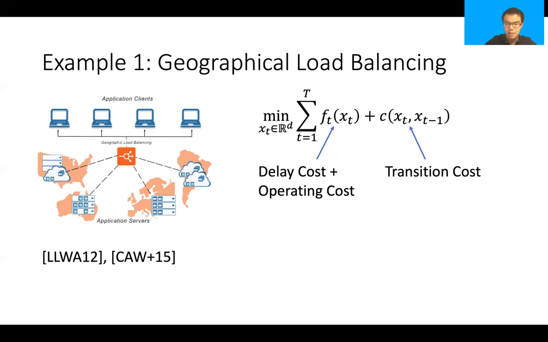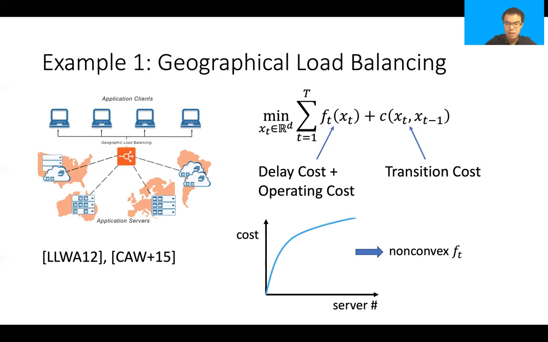And the hidden cost ft captures the delay cost and the operating cost of the servers, while the movement cost captures the transition cost of turning on and off the servers. This problem setting has been studied in many previous works. In this example, we may have non-convex hidden costs if the average cost of running each server decreases as the total number of active servers increases.